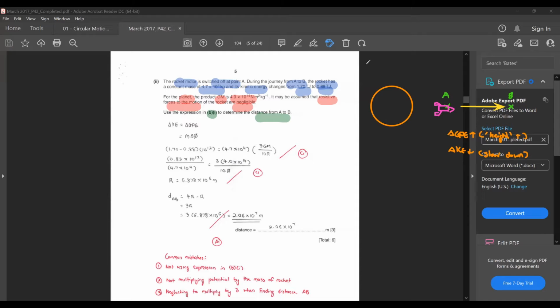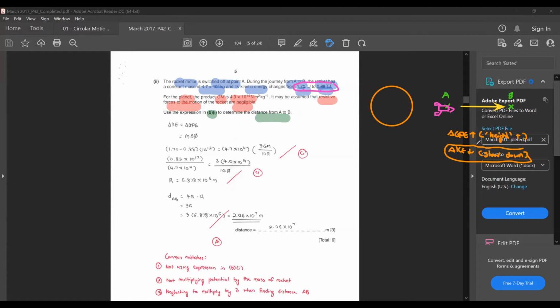Okay. Here, actually, even if you didn't realize this fact, the question would have already told you about that. They already told you that as you went from point A to B, your kinetic energy changes from 1.7 terajoules to 0.88 terajoules. This is essentially dropping in KE.